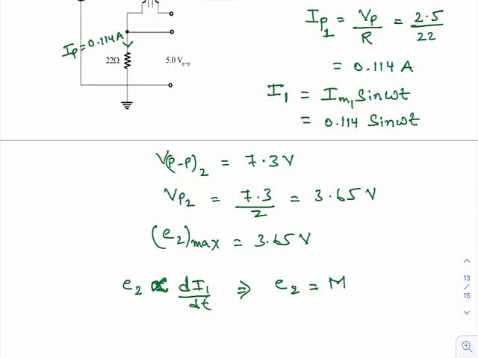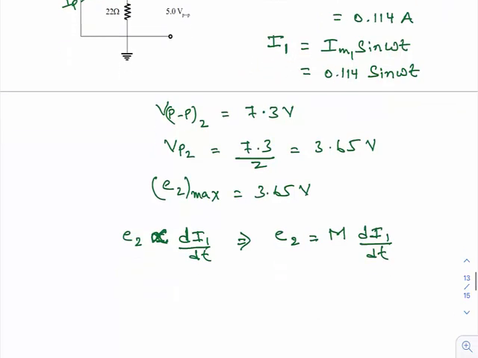So the proportionality constant is M, that is the mutual inductance between two windings. So this indicates that the EMF which is induced in the secondary is due to the current flowing in the primary winding I1. And that is why I have written I1 instantaneous current as 0.114 sin omega t.